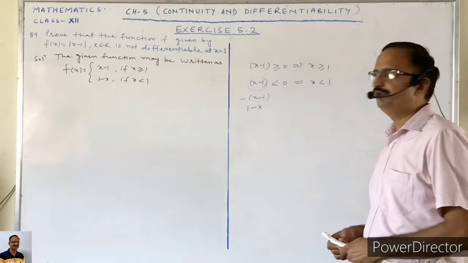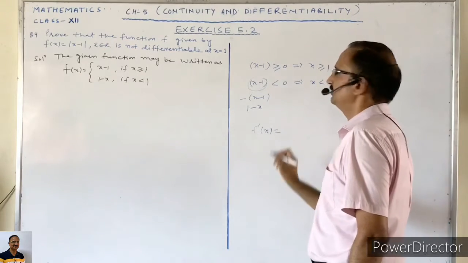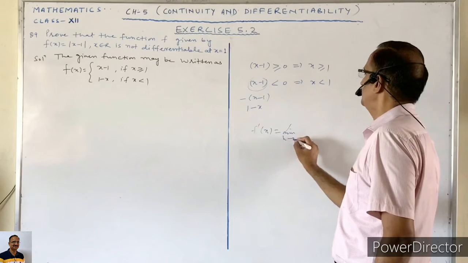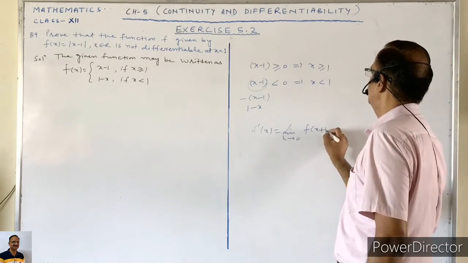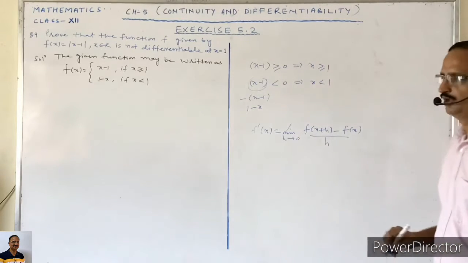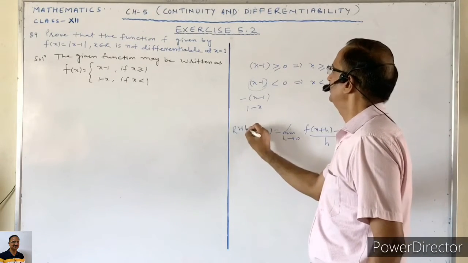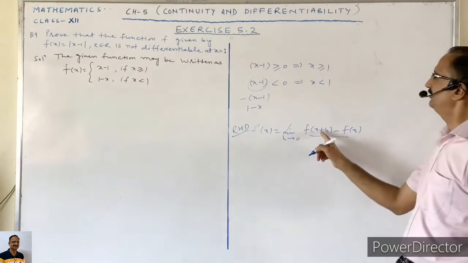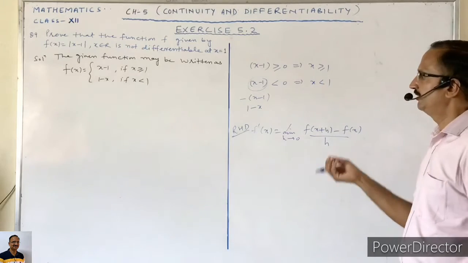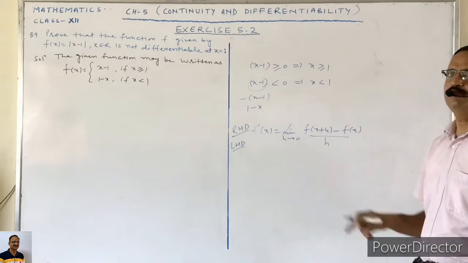By the definition of derivative, we know that if a function is differentiable then f dash x equals limit h tends to 0, f(x plus h) minus f(x) by h. We call this the right hand derivative because here we have a plus sign. It means slightly more than x. For the left hand derivative, we just replace this plus h by minus h.